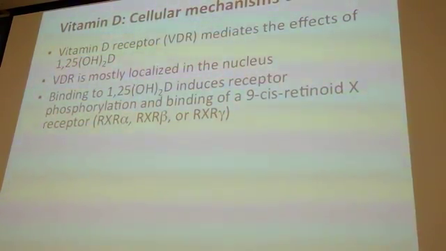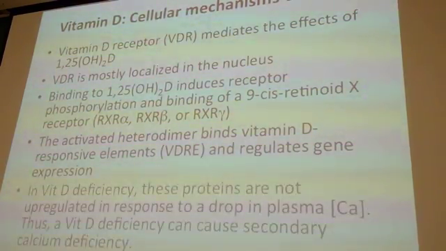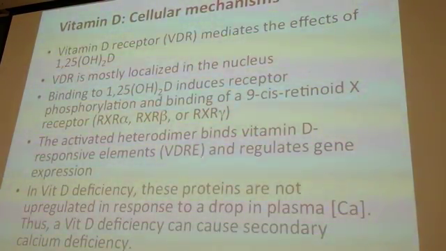So: ligand binding, phosphorylation, heterodimerization, active transcription factor. This activated heterodimer can then bind to particular sequences in DNA called VDREs and regulate gene expression. Many of those genes are involved in calcium absorption or bone mineralization.